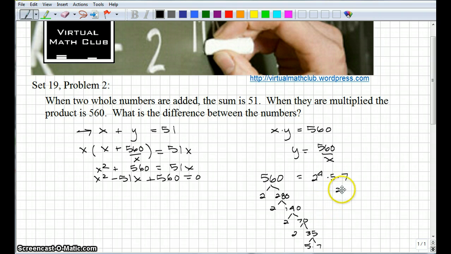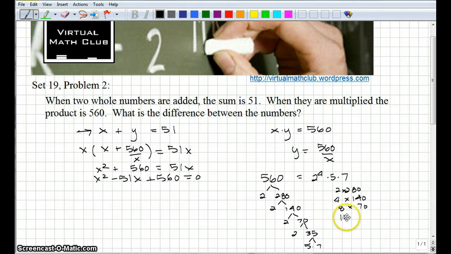We would have 2 times 280, but those two wouldn't add to 51. We'd have 4 times 140. We'd have 8 times 70, but those don't add to 51.